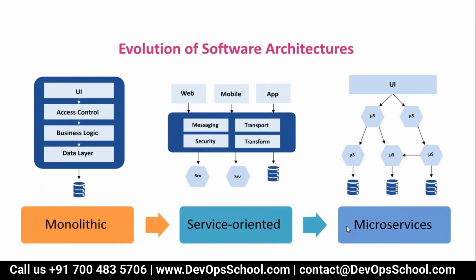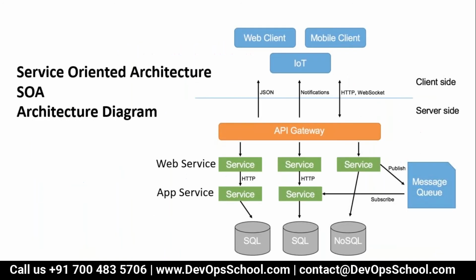But then we got service oriented architecture, and now most of the architecture we have is microservices. Now we don't have one service to trace, we have hundreds of services to trace. This is the different microservices software architecture.